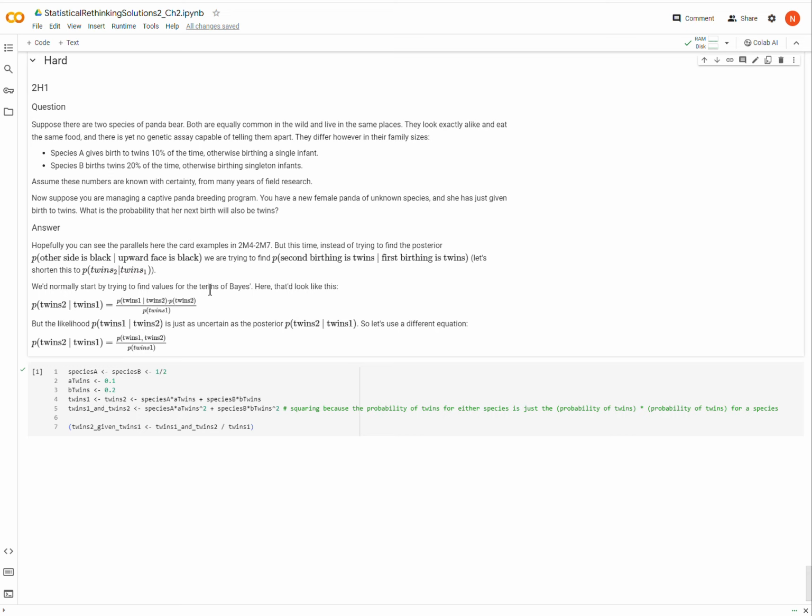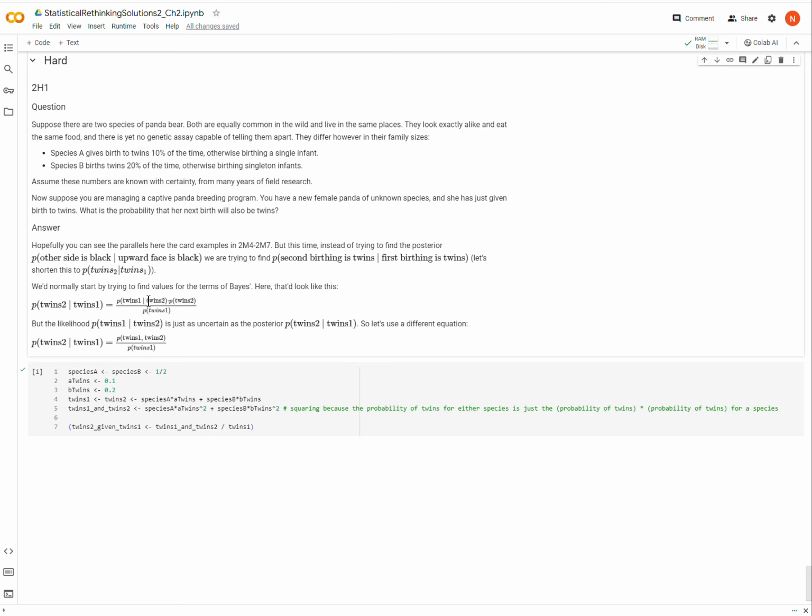The approach that we've been taking in all of these videos is to try to find values for these terms in Bayes' theorem. This is one way to write Bayes' theorem: in the numerator, the likelihood, which in this case is the probability that the first birthing was twins, given that the second birthing was twins, times the prior that the second birthing would be twins, divided by the probability that the first birthing was twins.